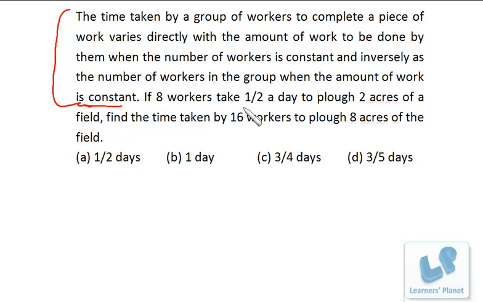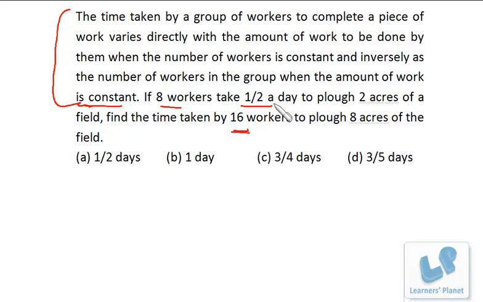8 workers take half a day to plow 2 acres of field. That means 16 workers will take 1/4 of the day only. If the number of workers is doubled, the amount of time will be halved.